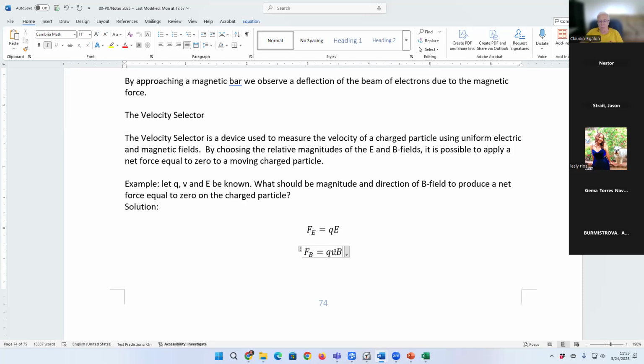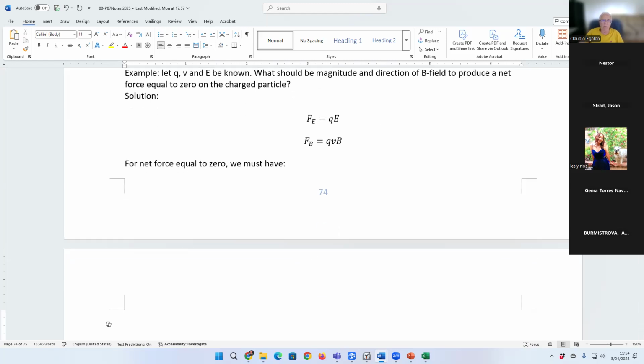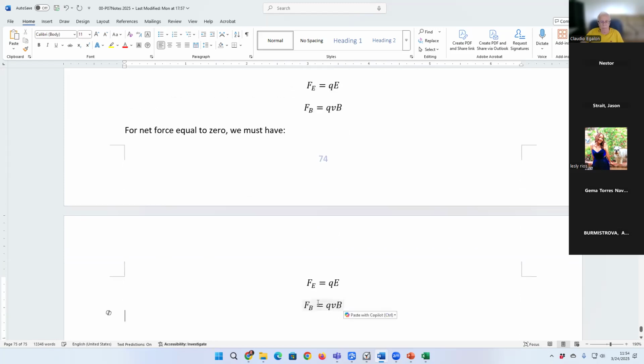We want the net force to be equal to 0. Consequently, we already know that their pulls are going to be contrary, right? For net force equal to 0, we must have Fe equal to Fb. Fe is QE, right?